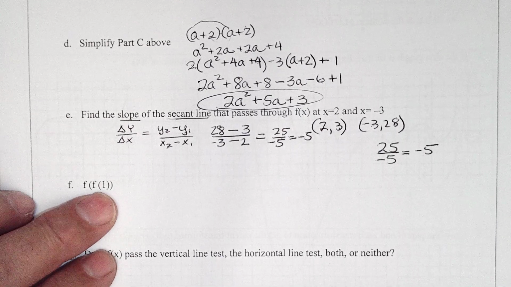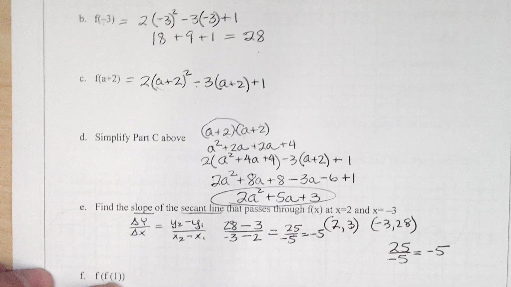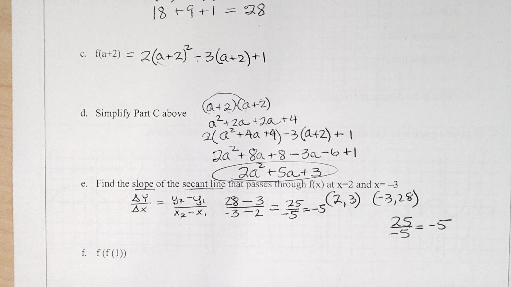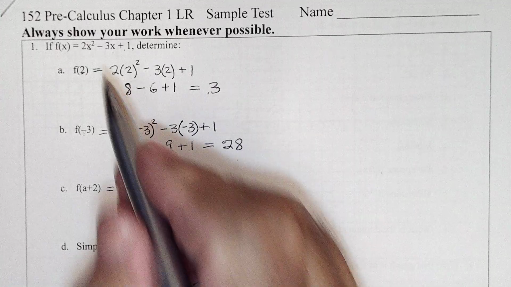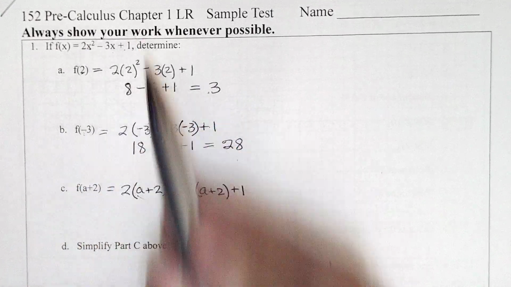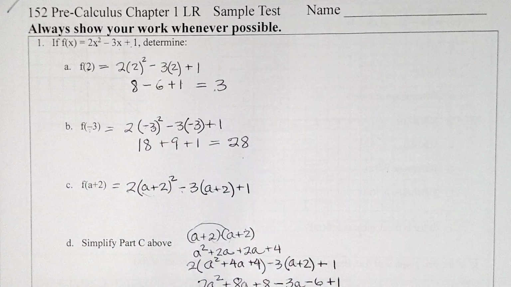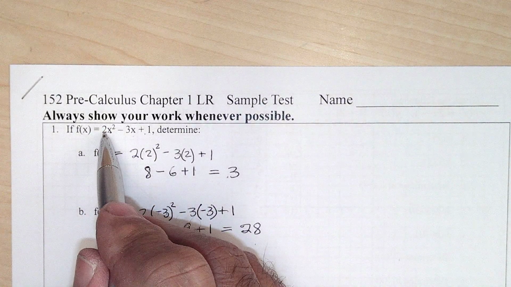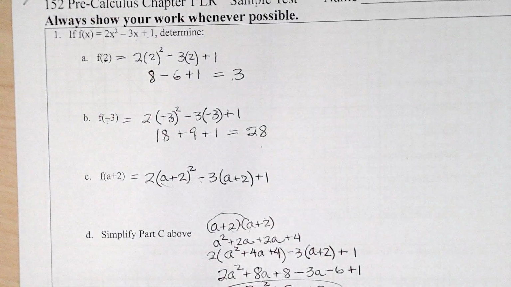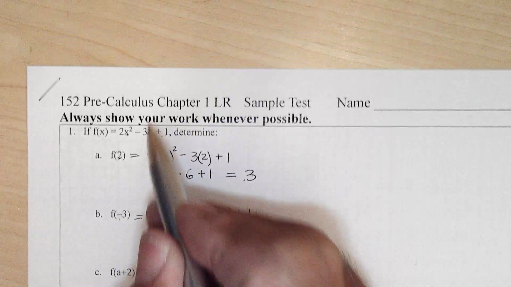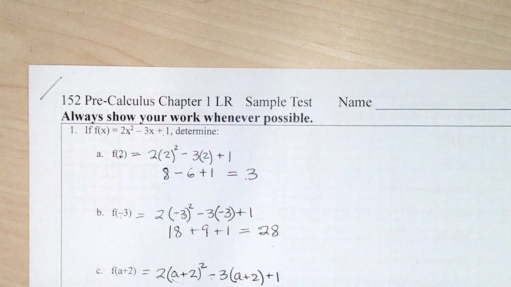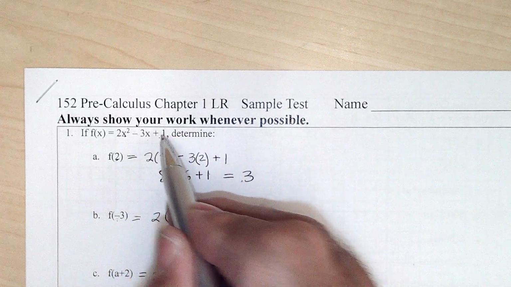F of 1. So you got to put 1 in for the x's to figure out this inside part. So 2 times 1 squared minus 3 times 1 plus 1.